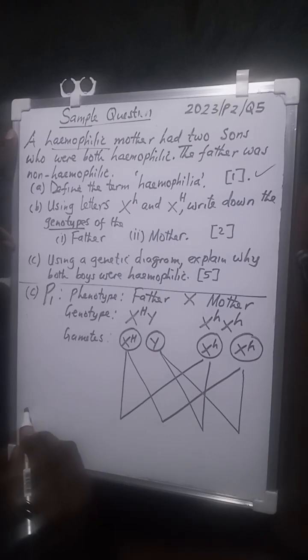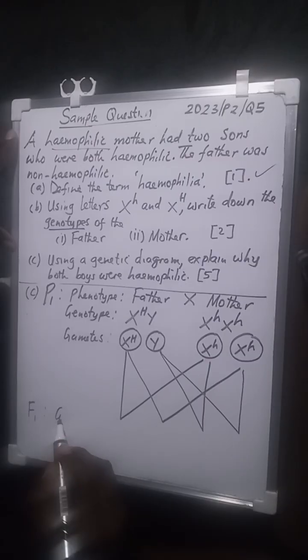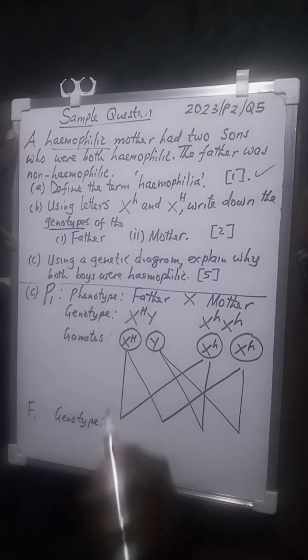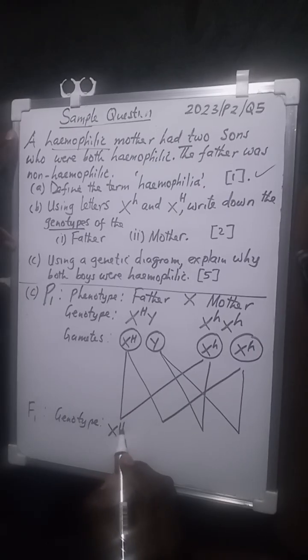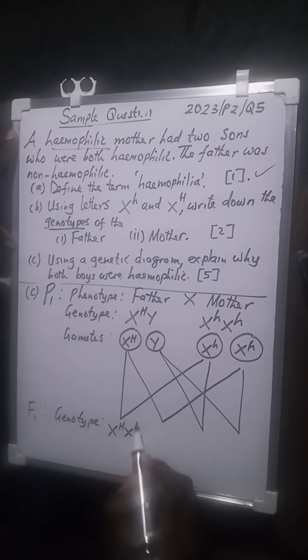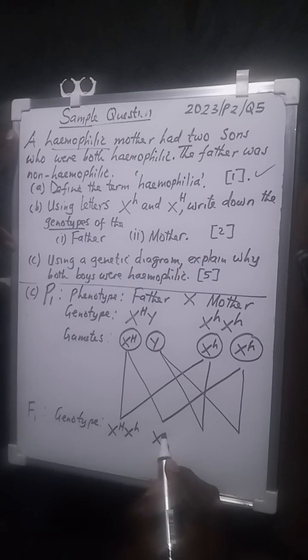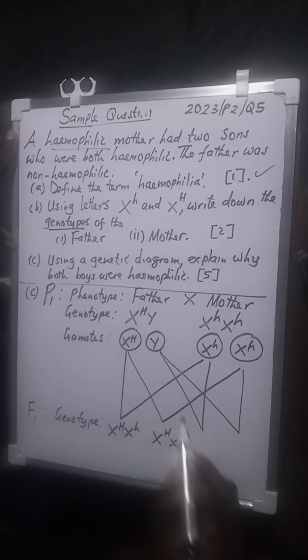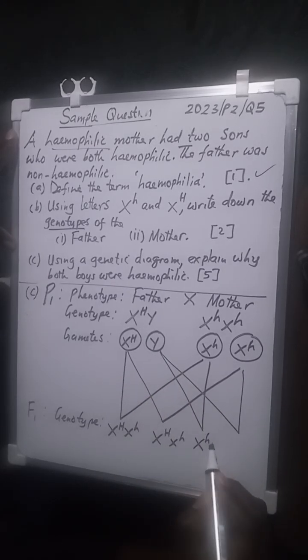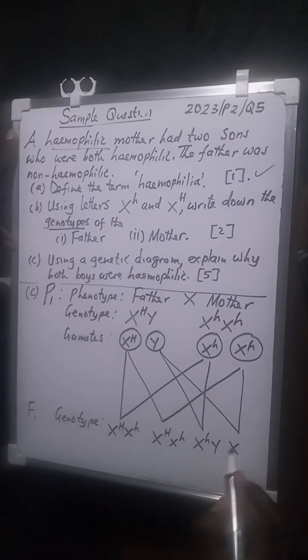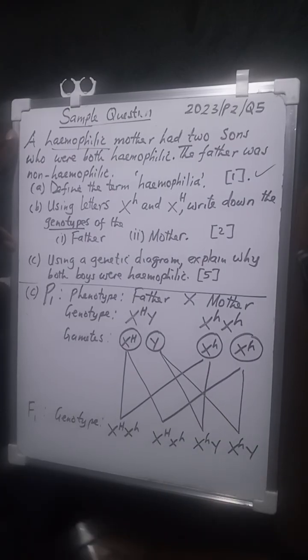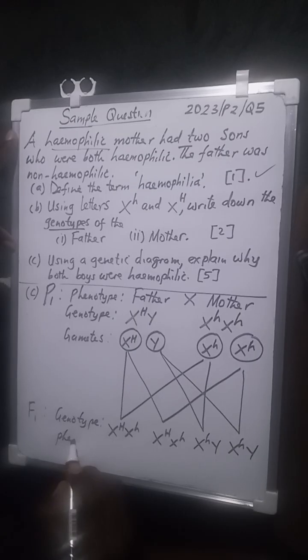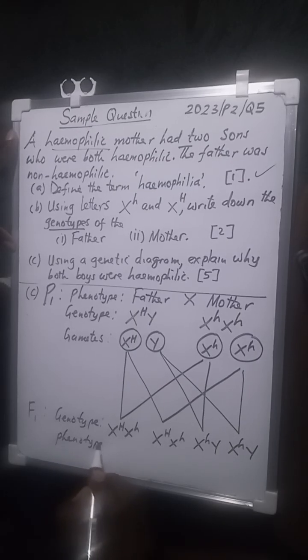So now what are we going to have in terms of the F1, the first filial generation? Remember, the first thing you see is simply the genotype, what is inside of the gene. So you're going to have capital H and small h. There you are going to have capital H and small h. There you are going to have small h and Y. There you are going to have small h again and Y. So let's come to what we are calling the phenotype.